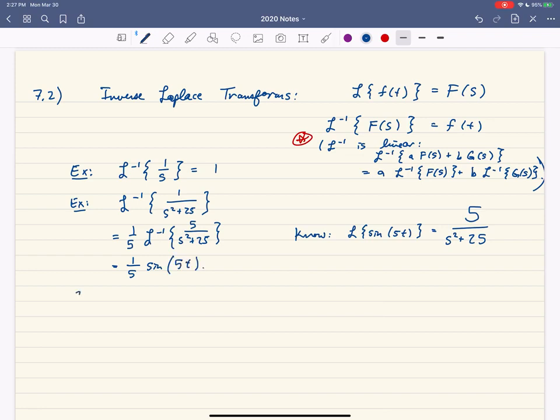So what this says is that 1 over 5 sine of 5t is the function that you'd have to take the transform of. Again, I need to be much more careful with my 5's and my s's. This is 1 over 5 sine of 5t. That's the function that you'd have to take the transform of to get 1 over s squared plus 25. Okay, so that's the game that we're going to try to play here.